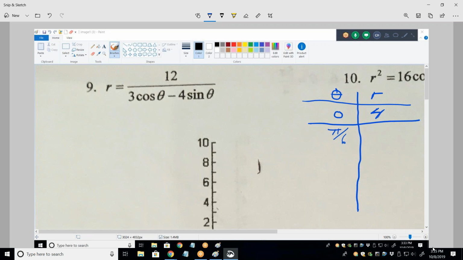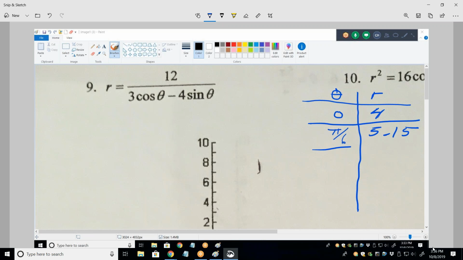So it's going to be 12 over 3 root 3 minus 2. Why don't you go ahead and give me a number on that. It'd be easier. Like I said, we don't need to be super exact since we're graphing it. So approximately 5.15. Okay.